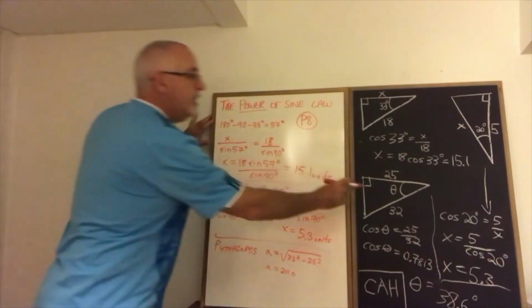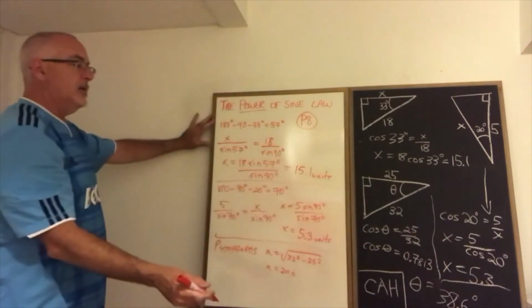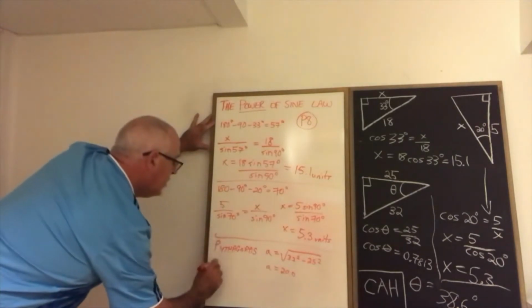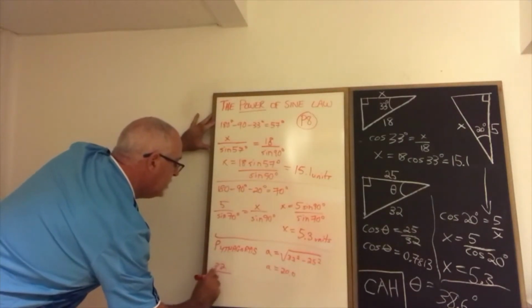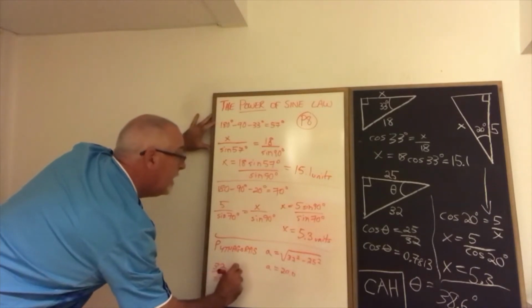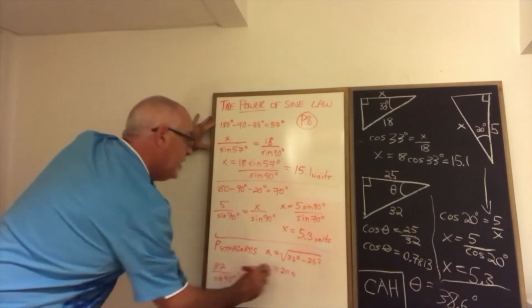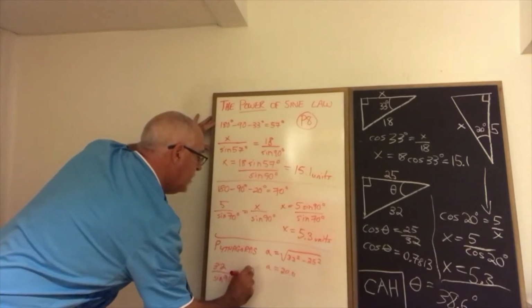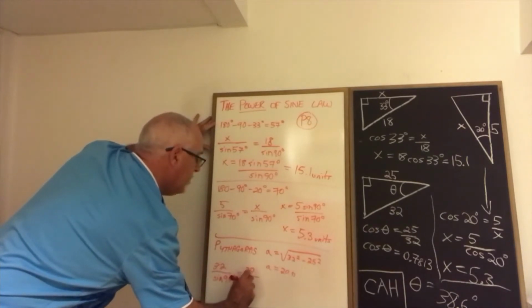So now that I know this side is 20, yes, I can do sine law after all. 32 over sine of 90 has to be equal to 20 over the sine of the unknown angle.